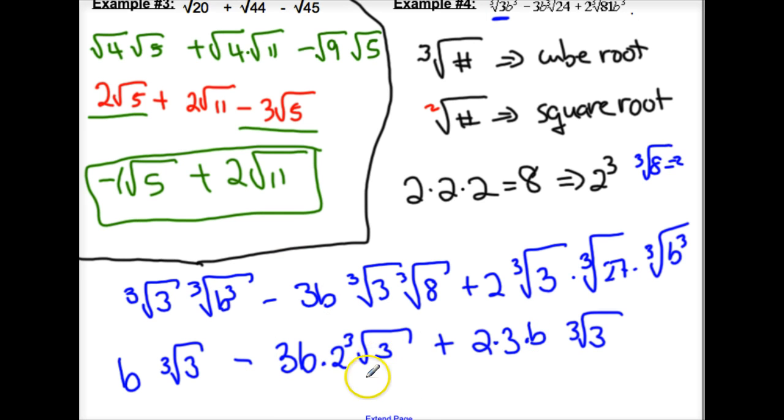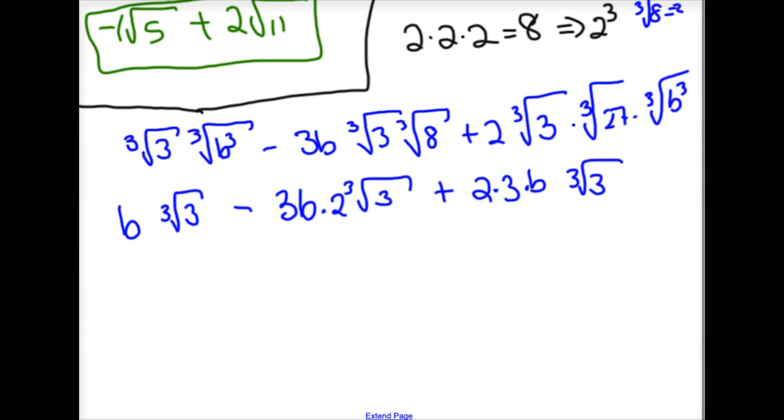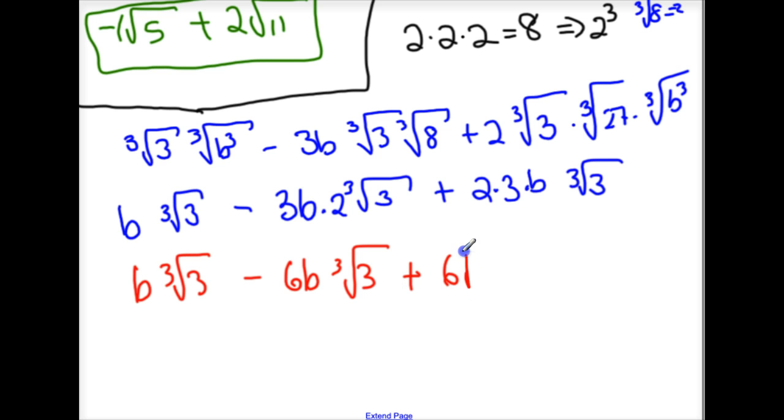So let's go ahead and simplify this now even further. This is b cube root of 3 minus 3 times 2 is 6b cube root of 3 plus 6b cube root of 3.